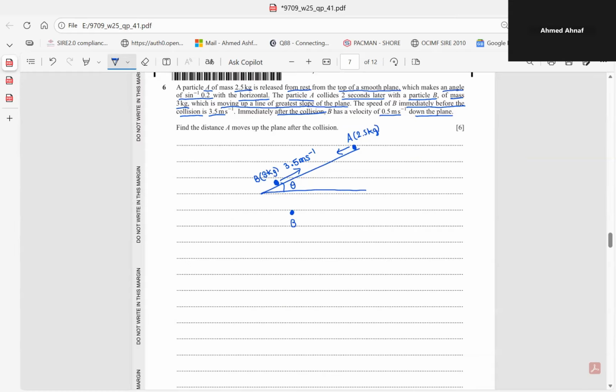So B is now going 0.5 meters per second. And A should be logically also going down. Okay. So they told us to find the distance A moves up the plane after the collision. So that means logically A must be moving up.